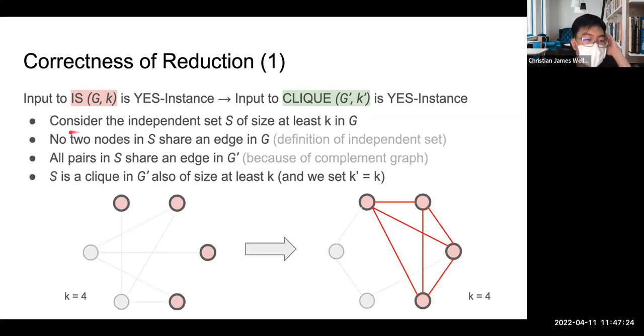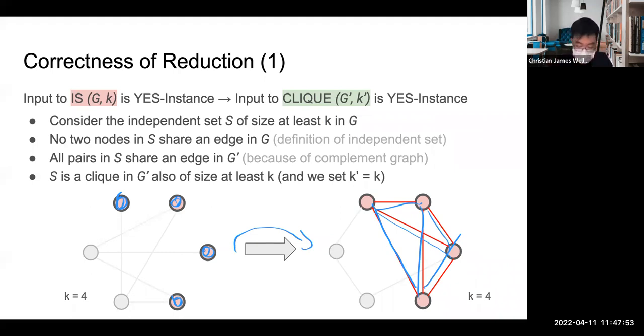Okay, so I'll read it off point by point. I consider the independent set of size at least K in G, so this is at least 4. Notice how by the definition of independent set, none of the nodes share an edge, right? Because the reduction transforms it to the complement, now every one of these pairs has an edge between them.